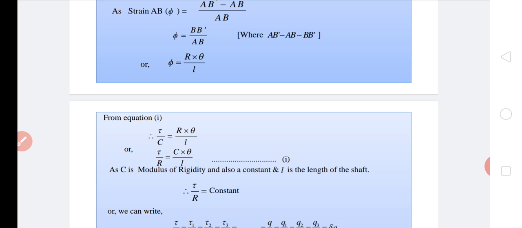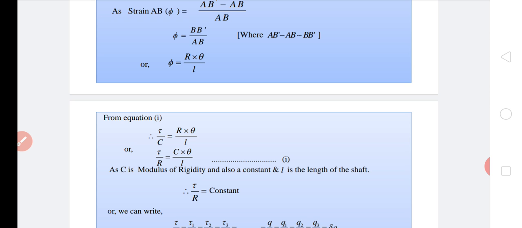As C is the modulus of rigidity and also a constant, and L is the length of the shaft, so tau by R equals a constant, because C is constant and L is the constant length of this particular shaft.